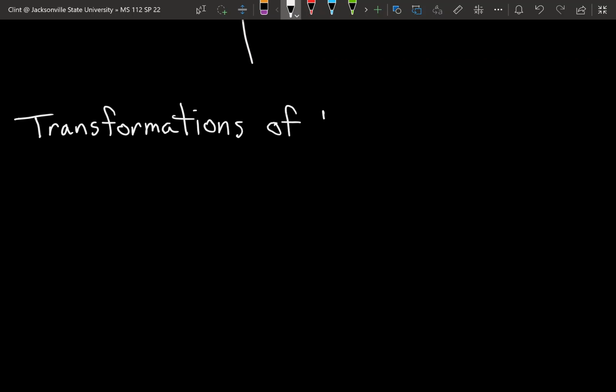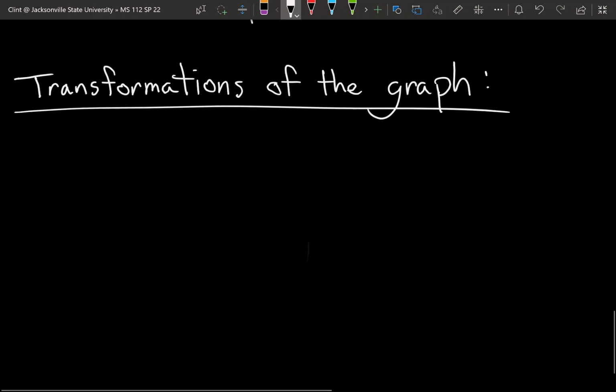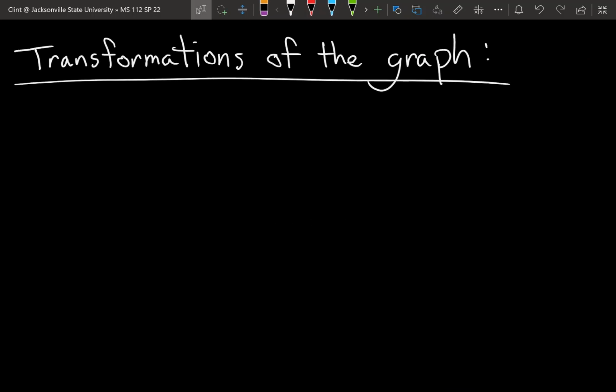So that's our basic graph picture. So let's kind of go back in time a little bit and talk about what the different transformations of the graph look like.